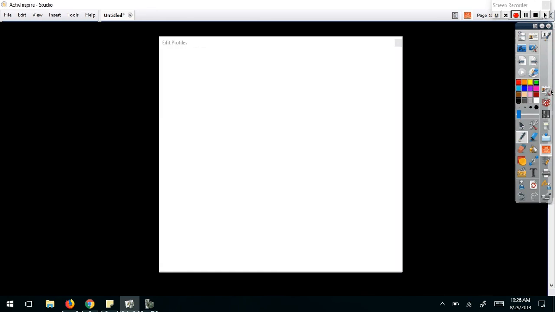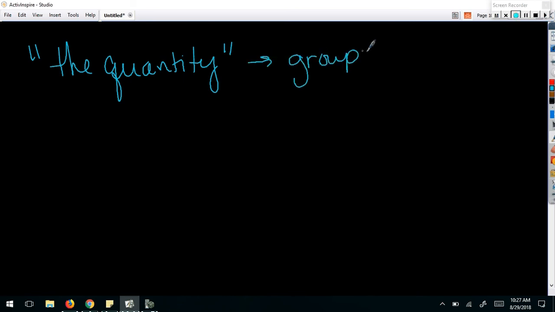Okay. A couple of things before we interpret. If you see something in a word problem that says the quantity, in a word problem it's a grouping thing. The quantity means that it groups.